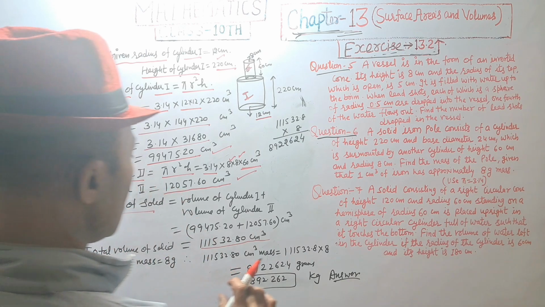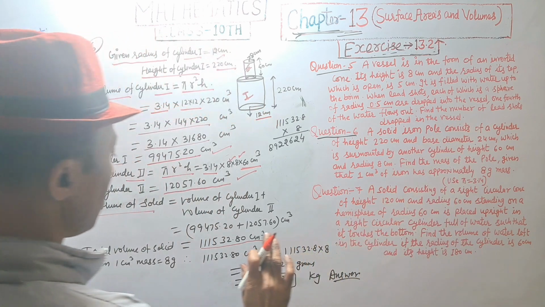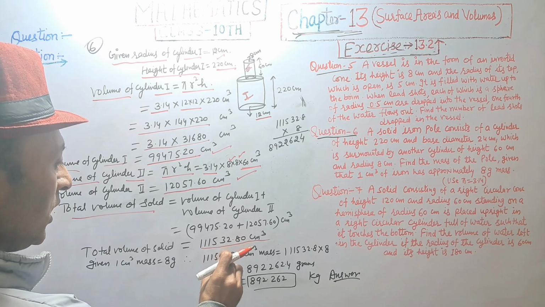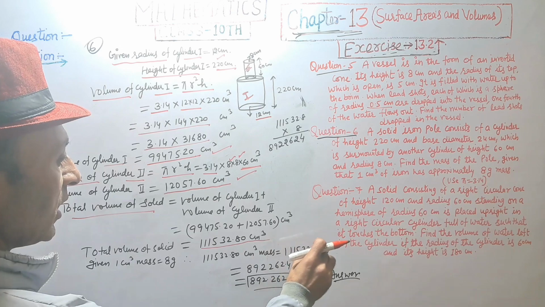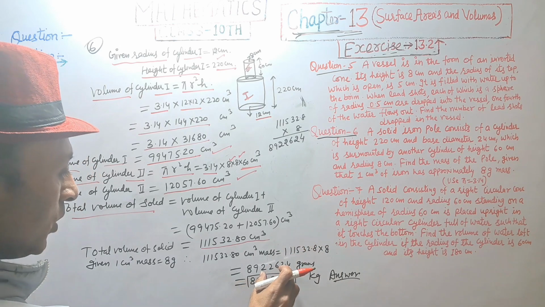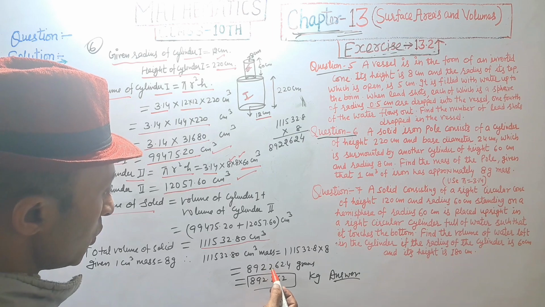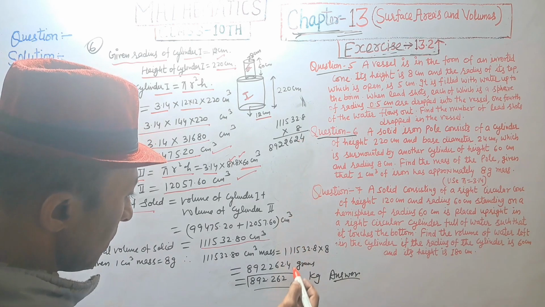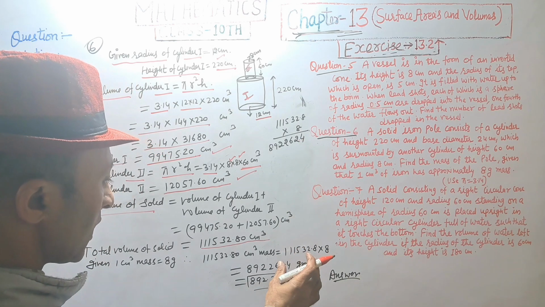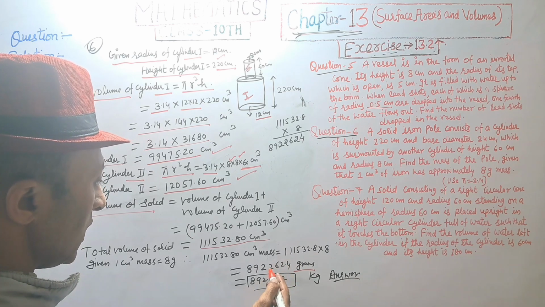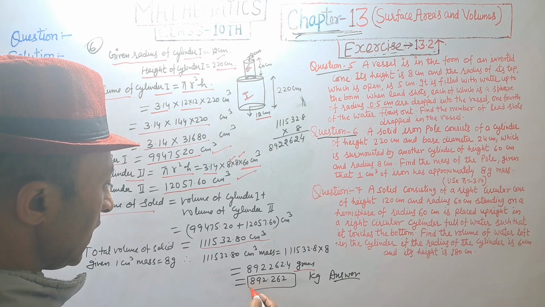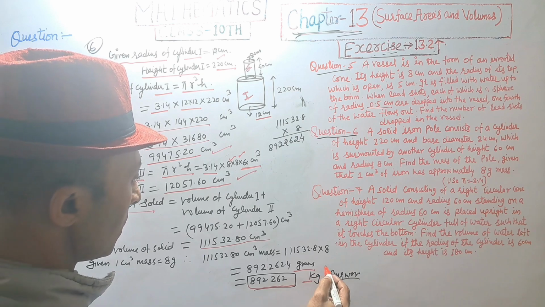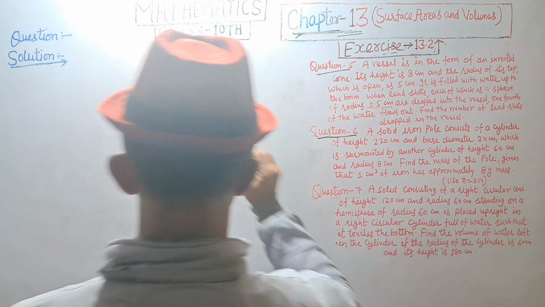And 1 centimeter cube mass given, that is 8 gram, and multiplying by 111532.80 multiplied by 8 gram, that is equal to 892264 grams, and we convert in kilogram, divide by 1000, then we get 892.262 kilogram. Answer.